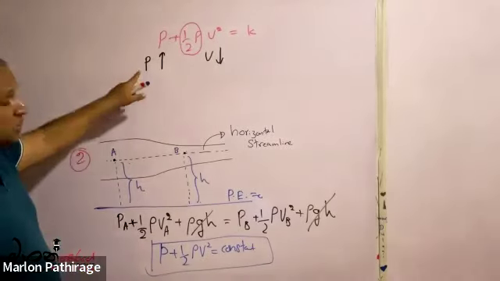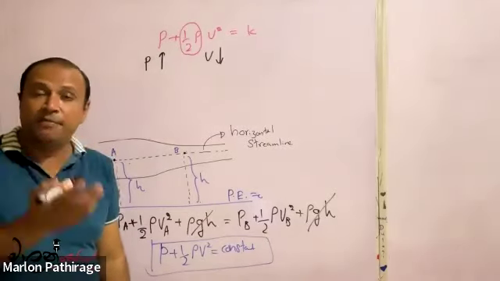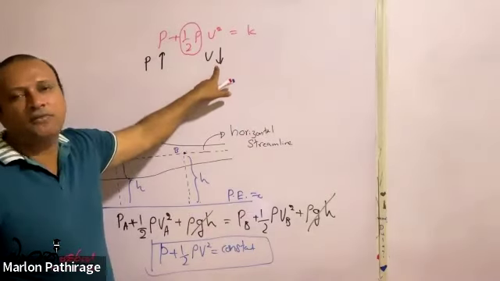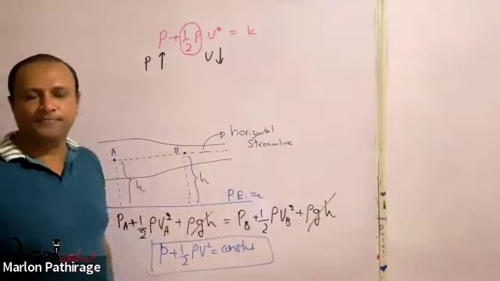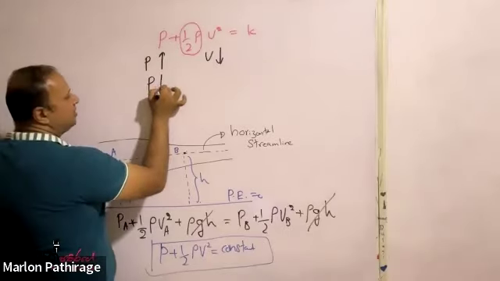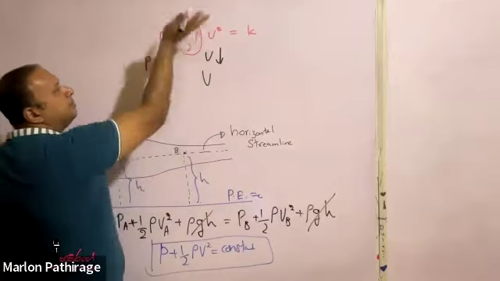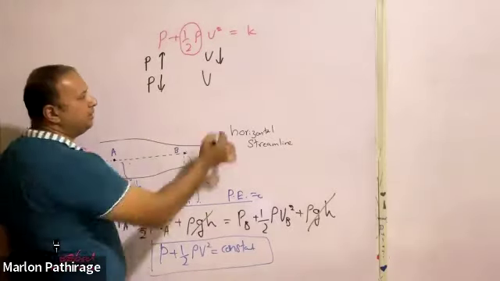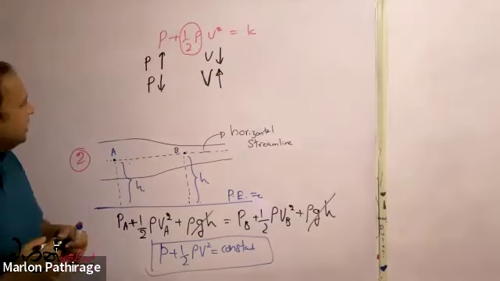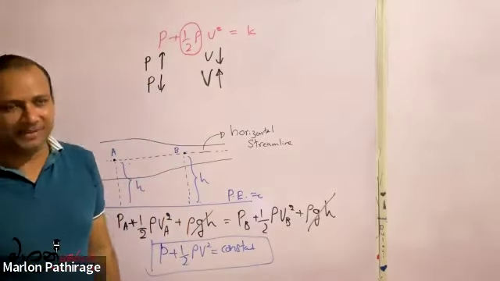So in a high pressure location, the velocity of the fluid decreases. When the pressure decreases, definitely this term has to be increased. That means velocity increases. So this is the core explanation in Bernoulli's theorem.